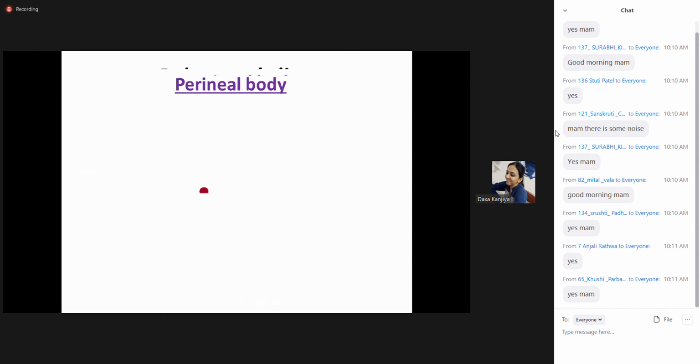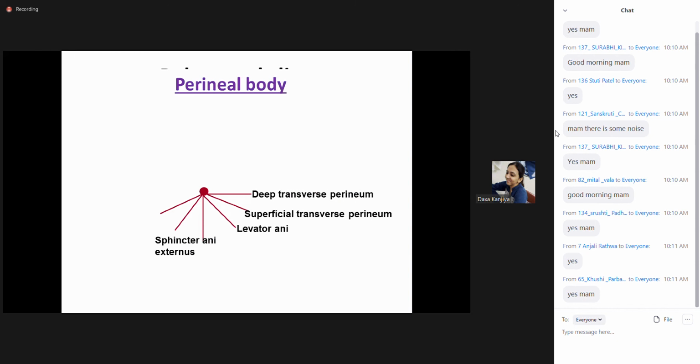See, the perineal body receives the attachments of so many muscles. Here you have to mention the name of each muscle inserted on the perineal body. Which are these muscles? Posteriorly, sphincter ani externus. On either side of the sphincter ani externus, there are two levator ani muscles. Then on either side of it, superficial transverse perineum.